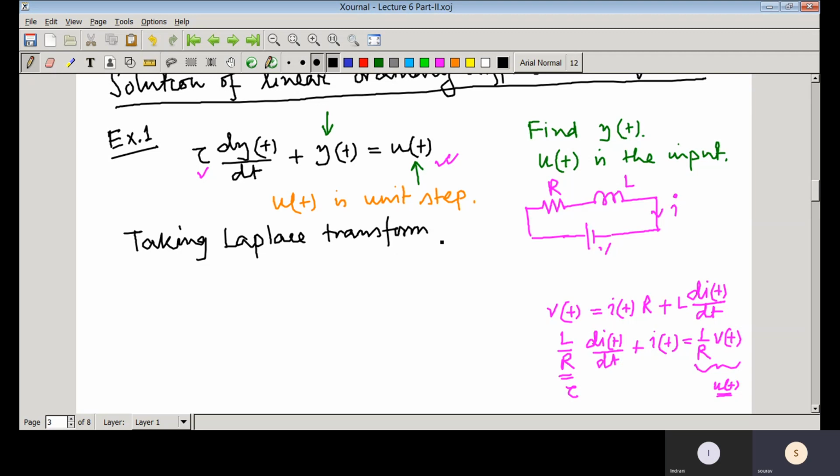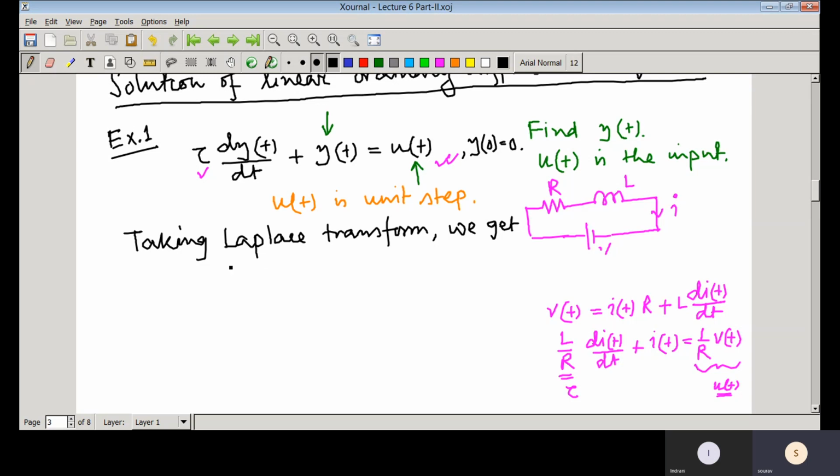For finding this solution, as it is a dynamical system, you must have some initial condition, and we assume that y(0) equals 0. That means it is initially relaxed, y(0) equals 0.